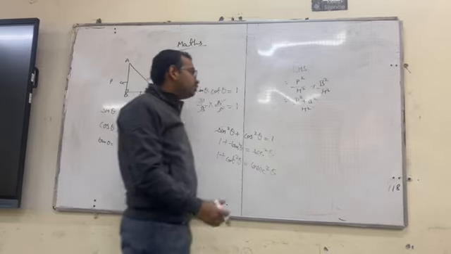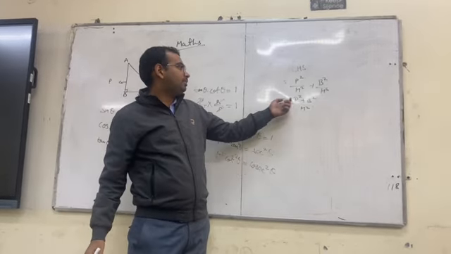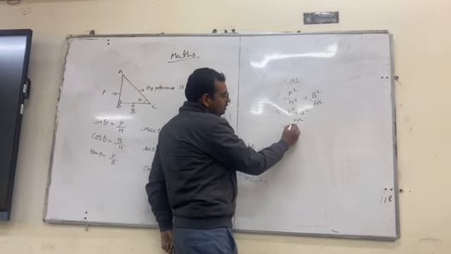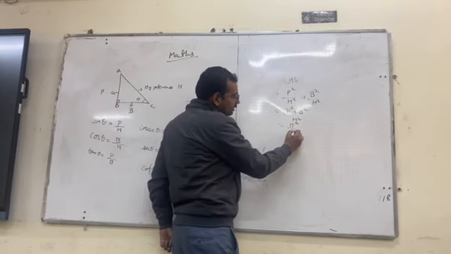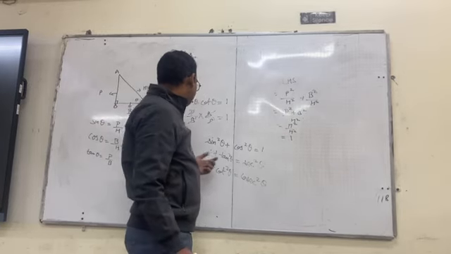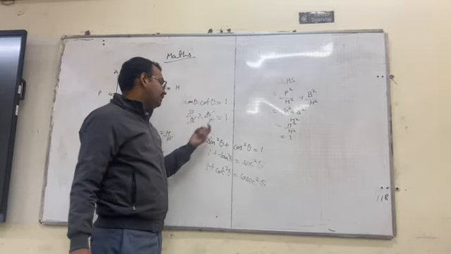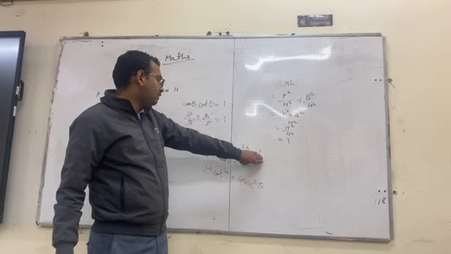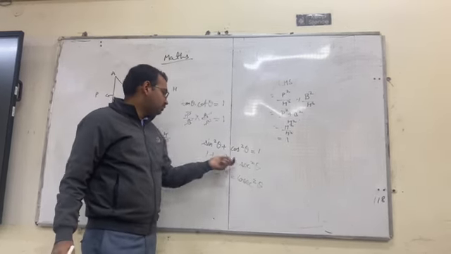By Pythagoras theorem, we know that perpendicular square plus base square equal to hypotenuse square. So it will be h square upon h square equal to 1. So we took the LHS, sin squared theta plus cos squared theta, and proved it is equal to 1. Similarly, we can prove these two things also.